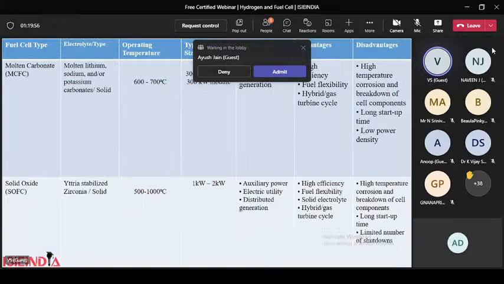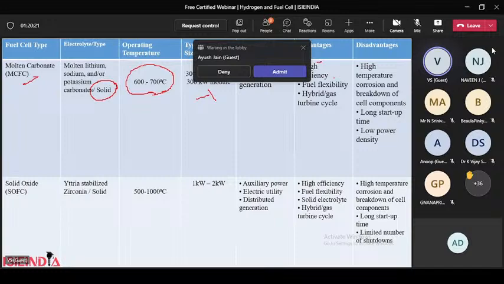There are more too. Another one is the molten carbonate fuel cell. Molten carbonate has a solid fuel cell type, and its operating temperature is very high, 600 to 700 degrees. The power stack size also shows how much power it can generate. The applications are electric utility and distributed generation.